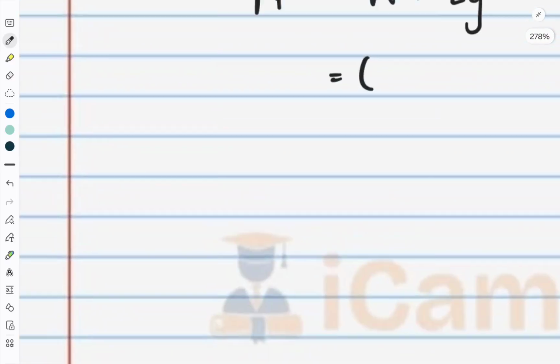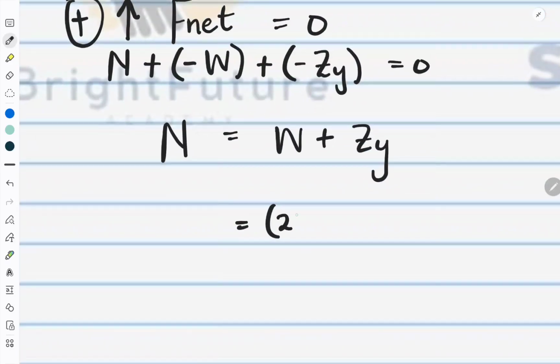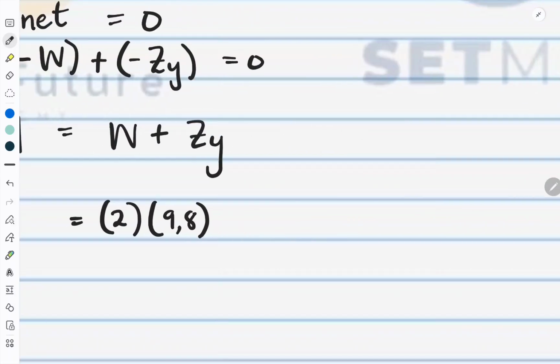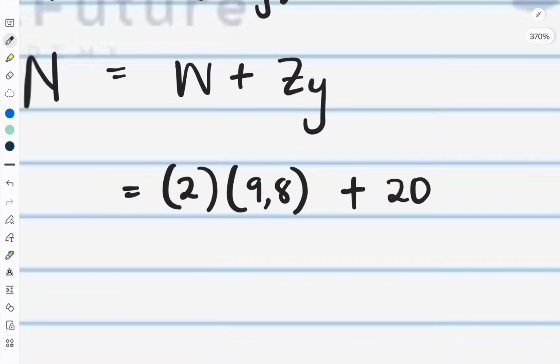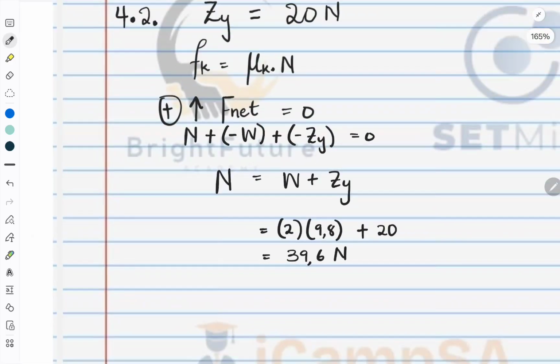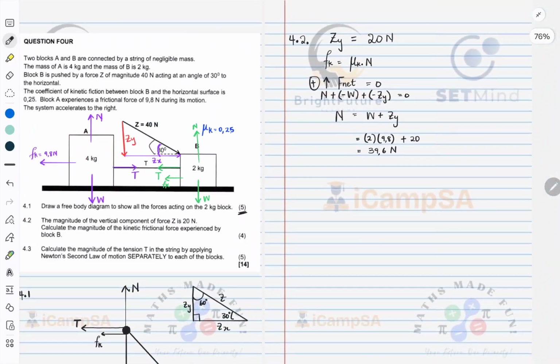Block B, that's 2 kilograms. Is mg, which is 2 times the constant, 9.8, plus 20. That should be 36 point something. Let's see. 2 times 9.8, 39.6. Oh, yeah. 39.6 newtons. That's your N.